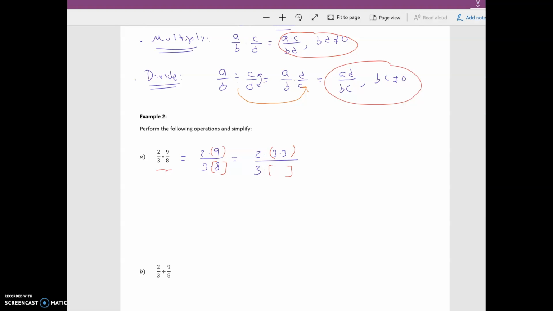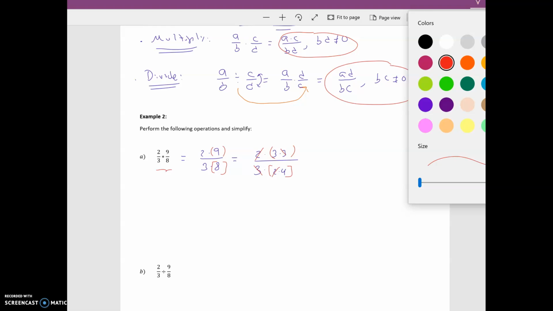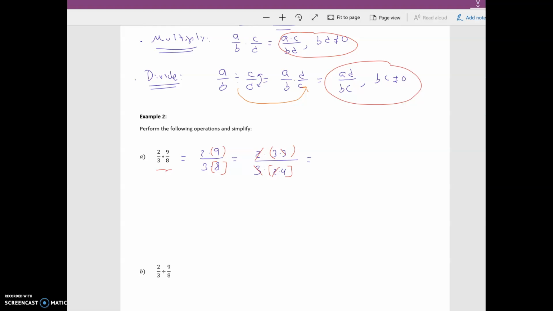So 8 represents the values of 2 times 4. And then the main idea on any multiplication of fractions is that you cancel common factors. So in this case, this 2 cancels that 2, this 3 cancels that 3. So our main answer for this problem, as we reduce the fractions, on the top we're just left with a 3, and then on the bottom a 4. Let me write it as an actual 4.